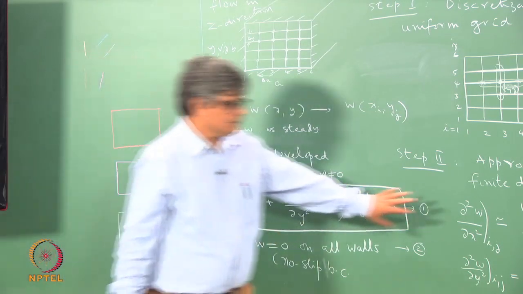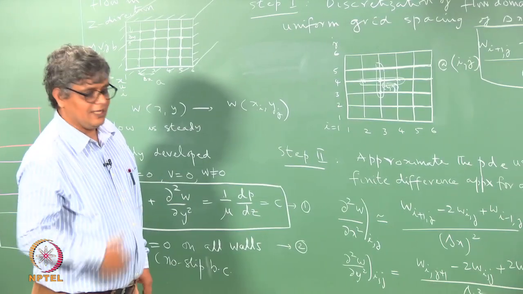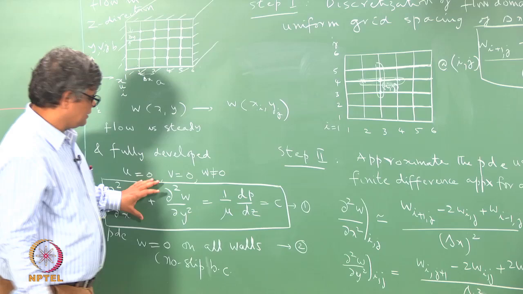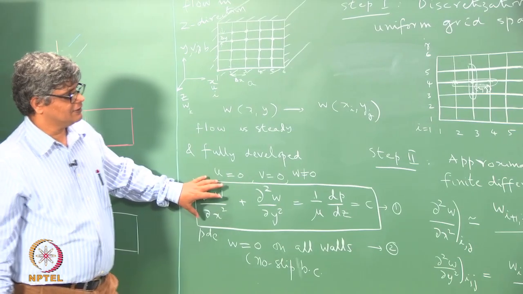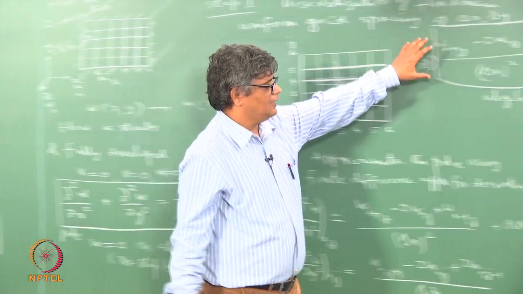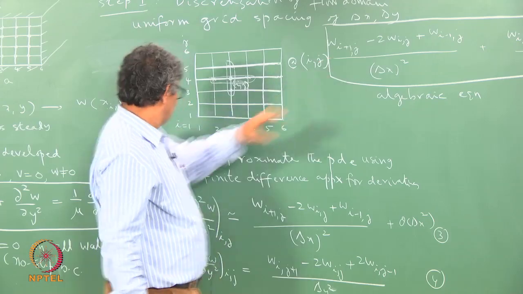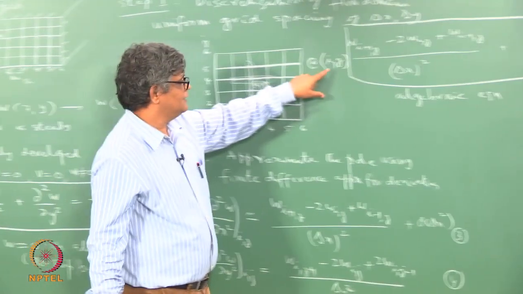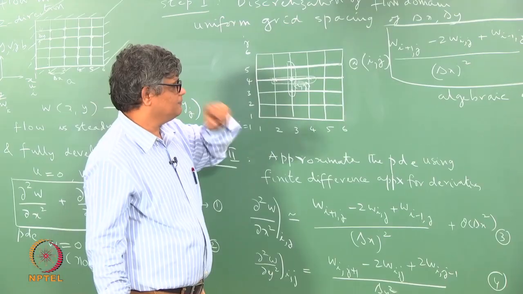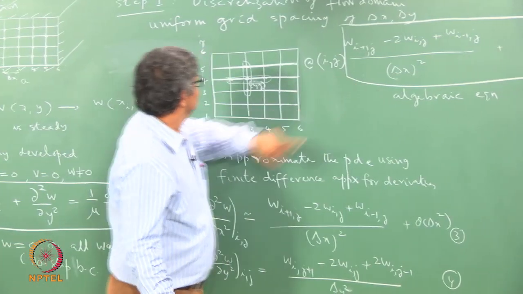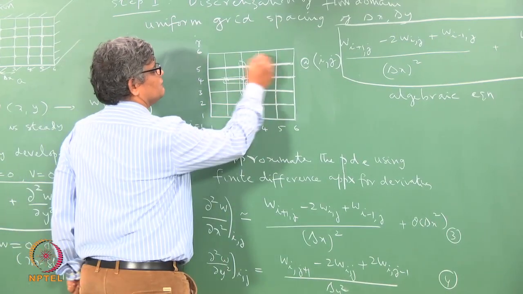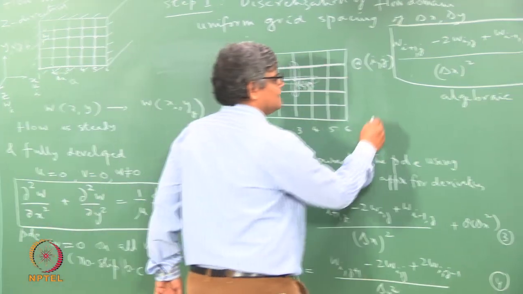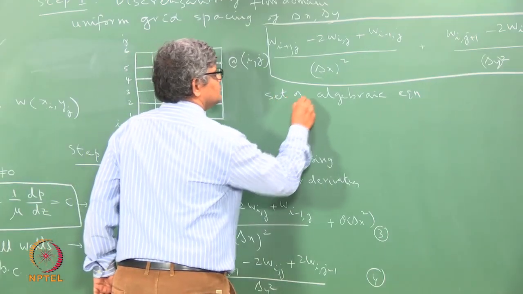So, using finite difference approximations and other types of approximations, in step 2 we convert the governing partial differential equation into an algebraic equation. But whereas this is valid at every x and y, this is valid only at a specific value of i and j. So we write this for every point at which we want to have the velocity. Then we get a set of algebraic equations.